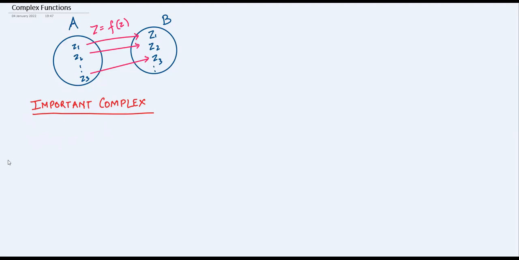So these are important complex sets. Now, first one, modulus of Z minus A equal to R.